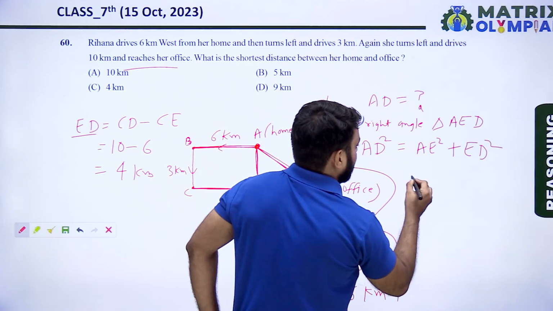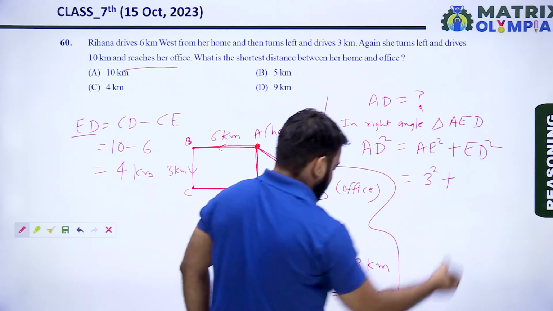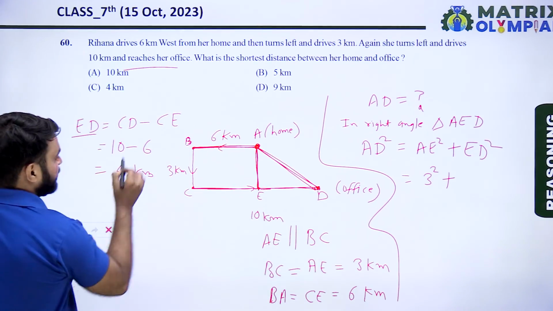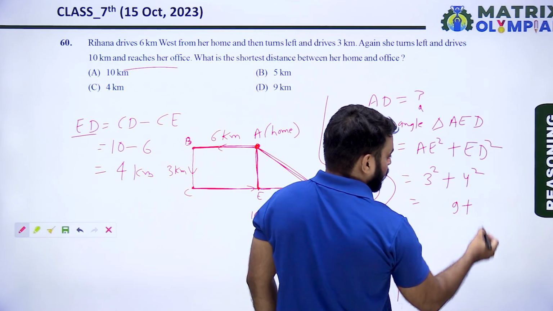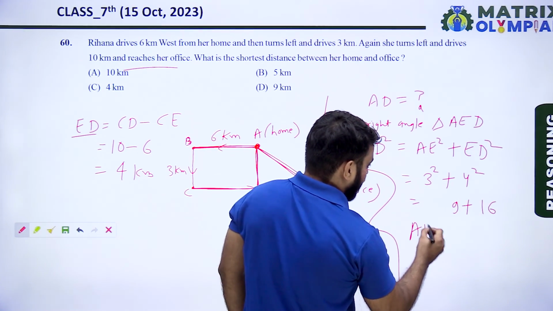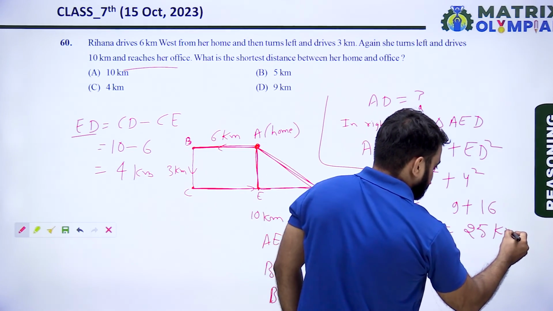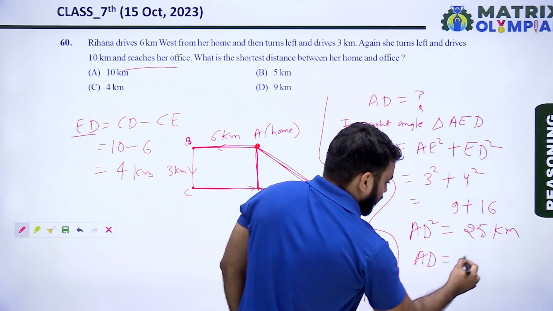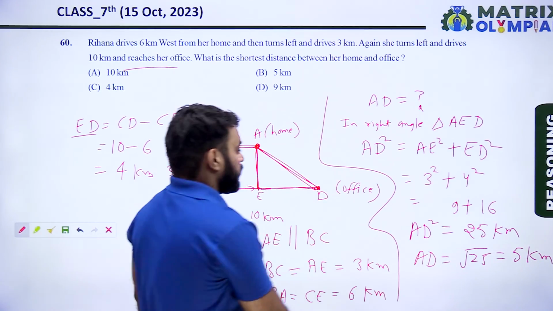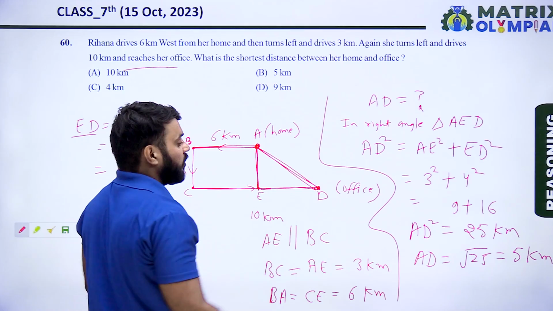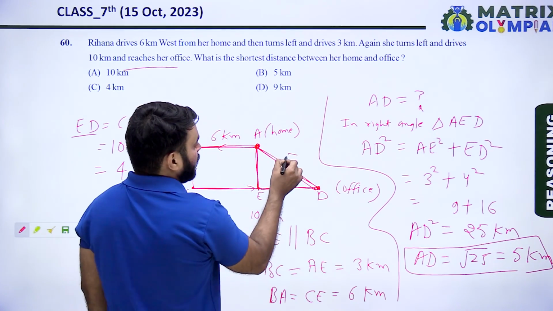AE is 3 square plus ED is 4 square. Now 3 square is 9 plus 4 square is 16. So AD square is equal to 9 plus 16, which is 25. So AD is equal to root 25, which is 5 kilometers. So the shortest distance between her home and office is 5 kilometers, because the value of AD is 5 kilometers.